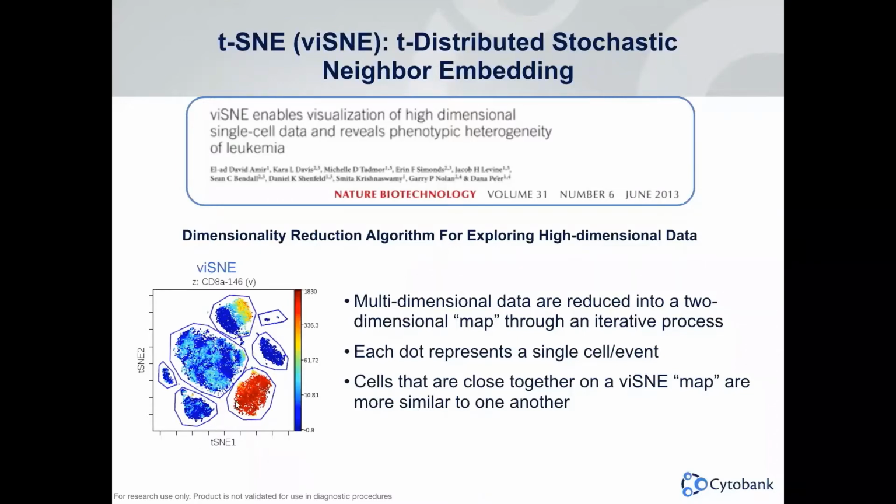viSNE groups the events based on the phenotypic similarity of all the markers via a process called iteration. Each dot here is a cell or an event. The cells close to each other have similar biological expression, compared with events far apart. You can also color the dots by a third channel.